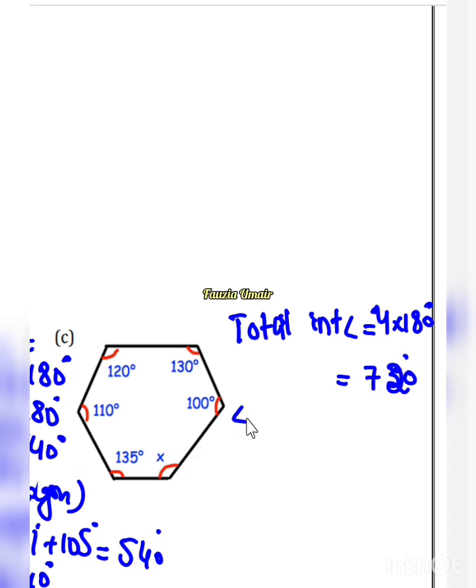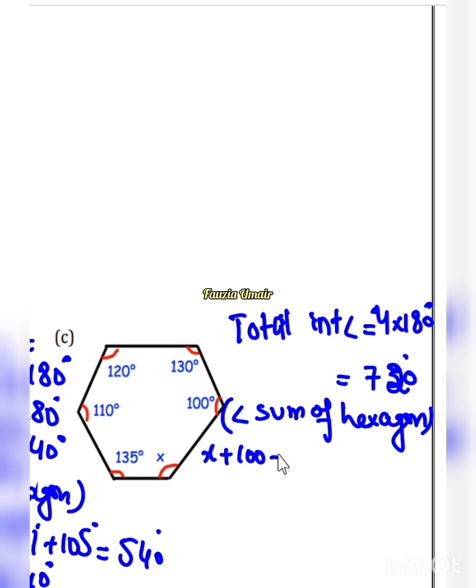So now I will use the property angle sum of a 6 corner shape, called a hexagon. So I will write down angle sum of hexagon. I will add all the 6 angles and they should add up to 720. x plus 100 plus 130 plus 120 plus 110 plus 135, and that all sum should be equal to 720 degrees.